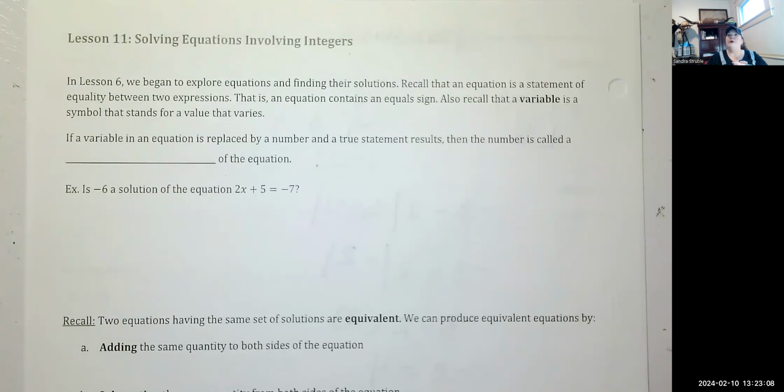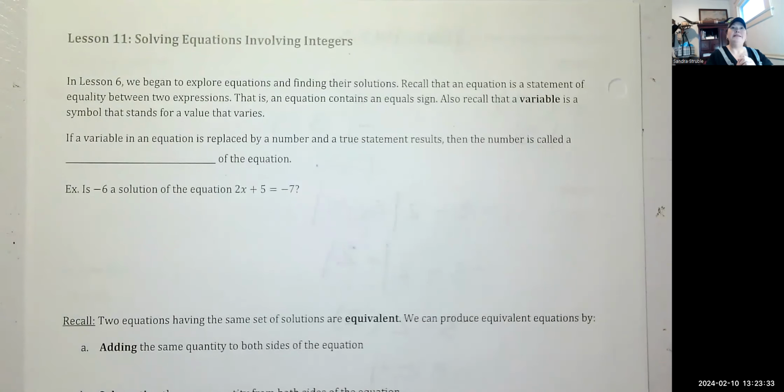So recall that an equation is a statement of equality between two expressions. So an equation contains an equal sign, and also recall that a variable is a symbol that stands for a value that can vary. So it can be different things. A lot of times you'll see x is the one that's primarily used, but honestly, it could be any variable, any letter, or any symbol.